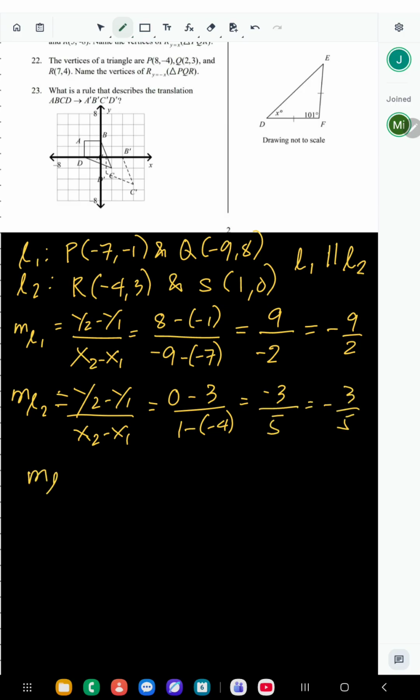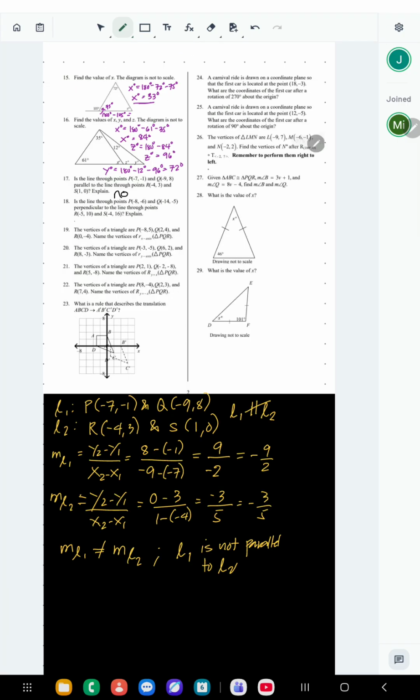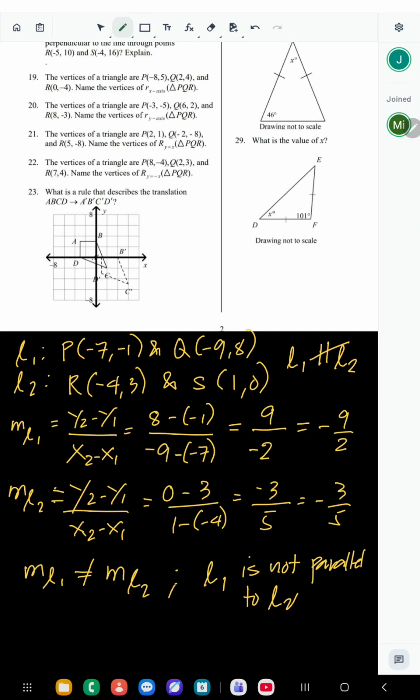Since the slope of line 1 is not equal to the slope of line 2, therefore line 1 is not parallel to line 2. The slopes are not equal.